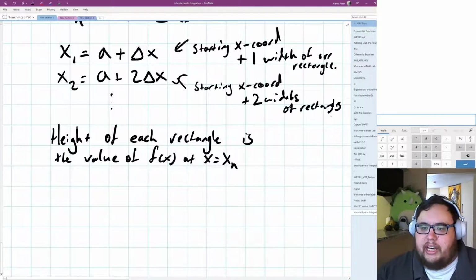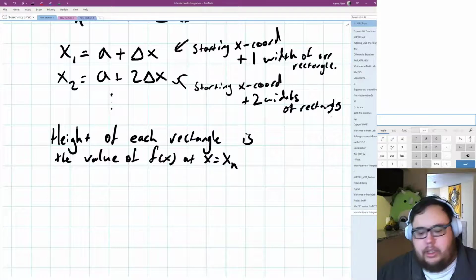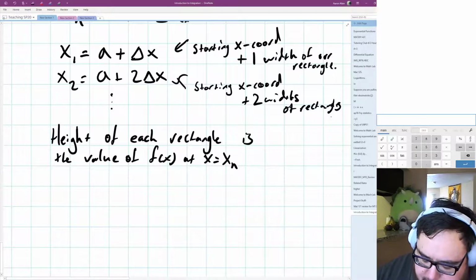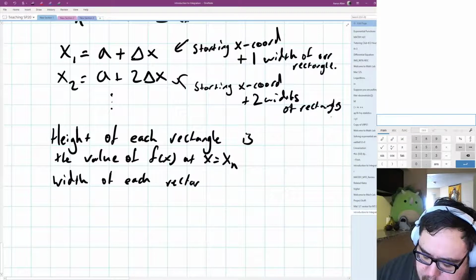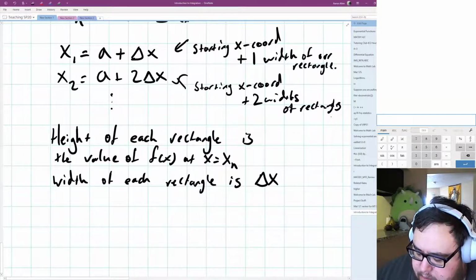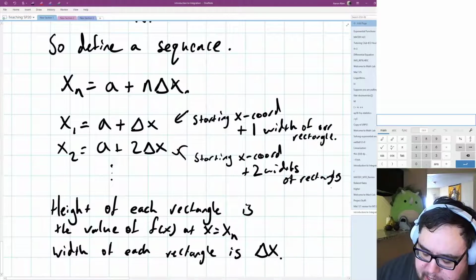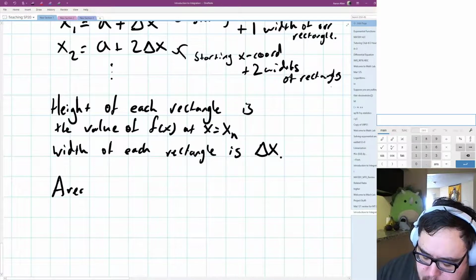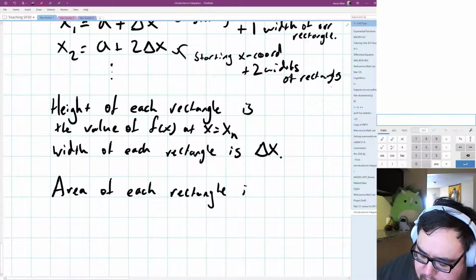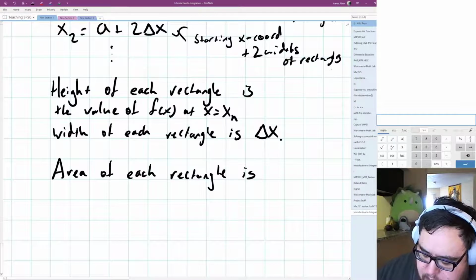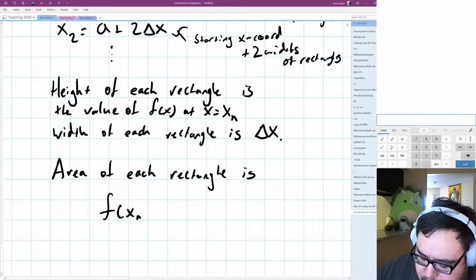We decided that those are the x coordinates that we're going to plug in. So the height is just the associated y coordinate. And the width of each rectangle is delta x, right? That was how we defined delta x in the first place. So that means that the area of each rectangle is f of x sub n times delta x.